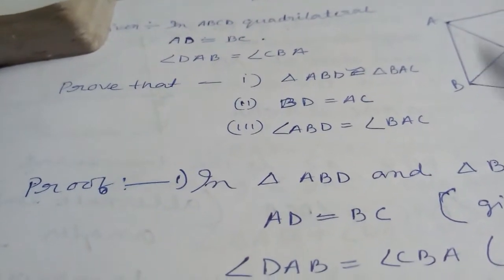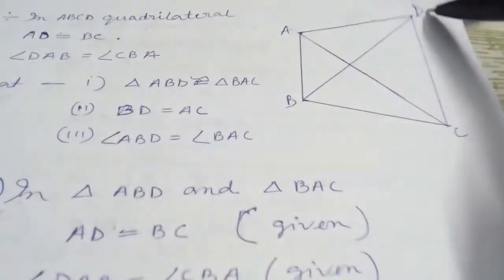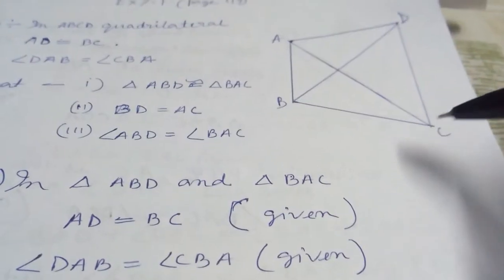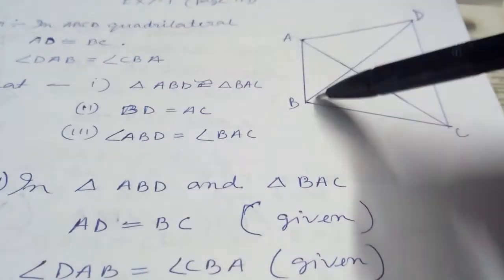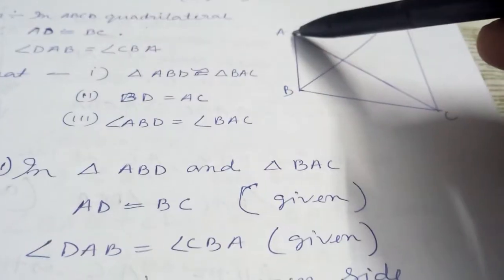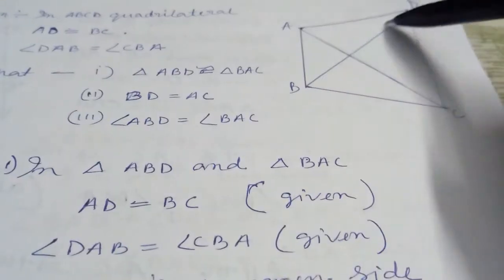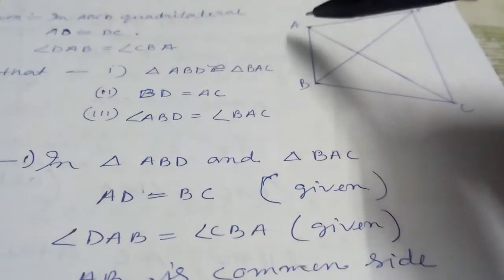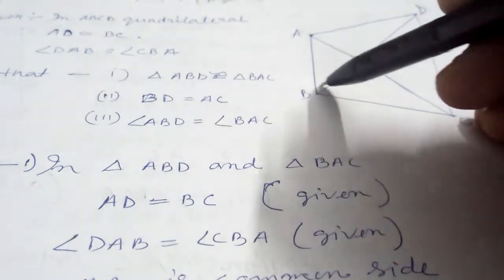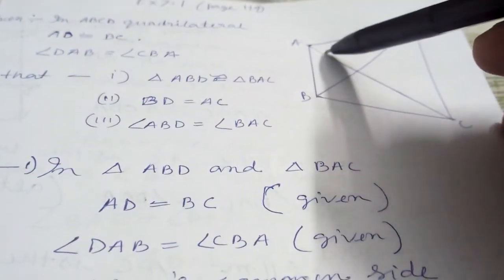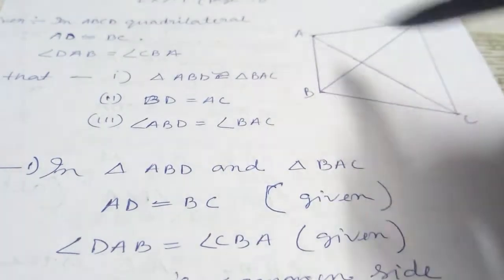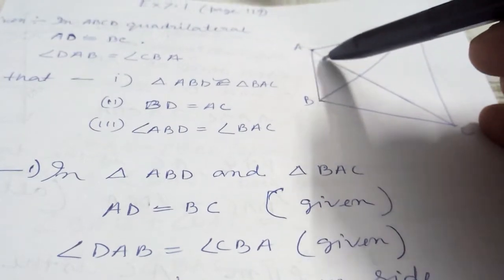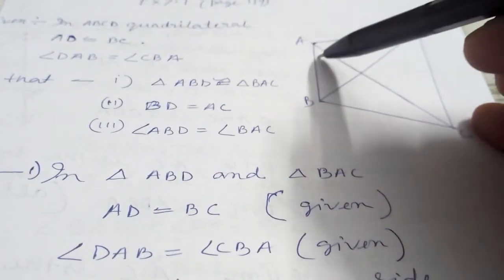We have to prove that triangle ABD is congruent to triangle BAC. Again, prove BD is equal to AC, and angle ABD, this angle, is equal to angle BAC, this angle. We have to prove this angle and this angle are equal.